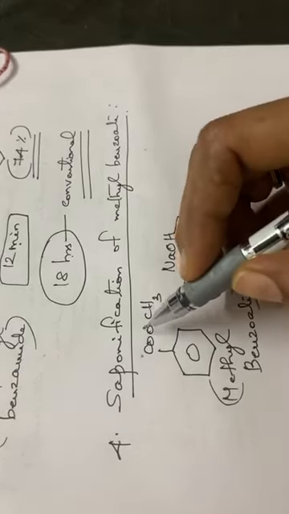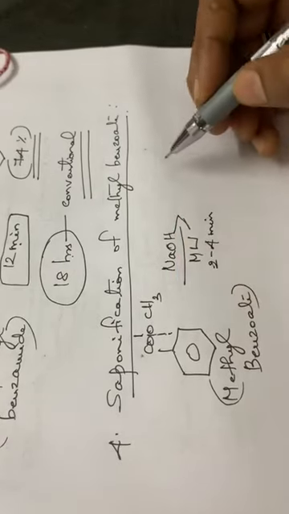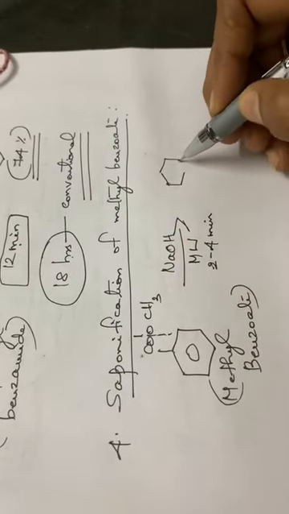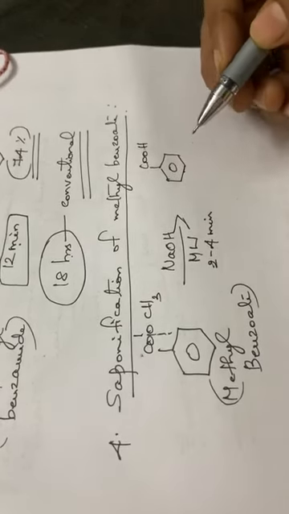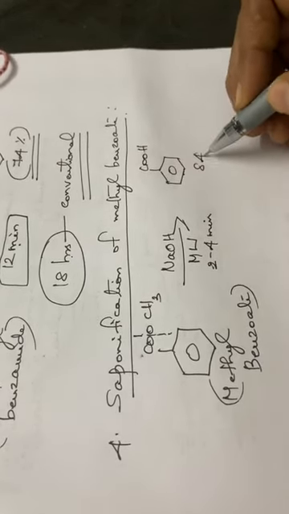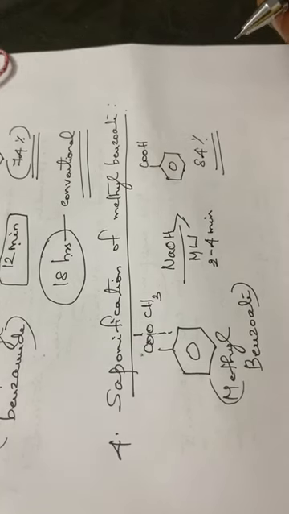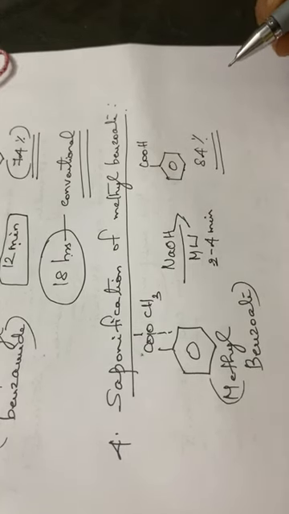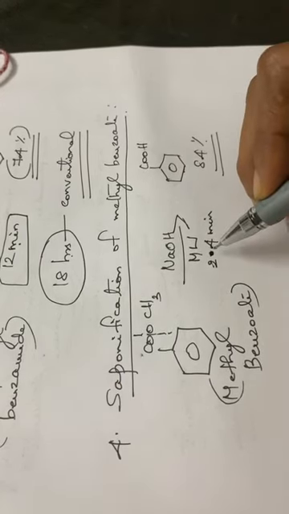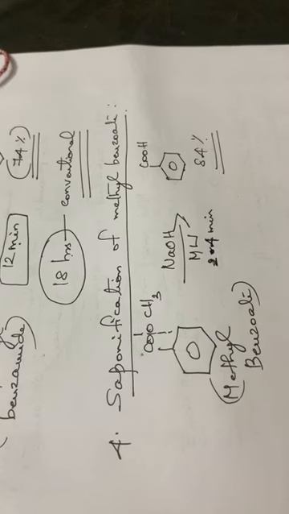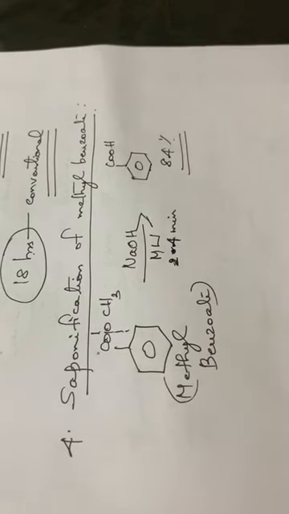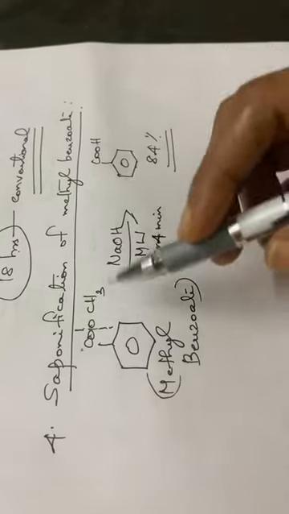At this position the bond will be broken, and the product will be C6H5COOH, benzoic acid, and the yield is about 84%. So this reaction takes 2 to 4 minutes, and the yield is about 84% using microwave assisted saponification.